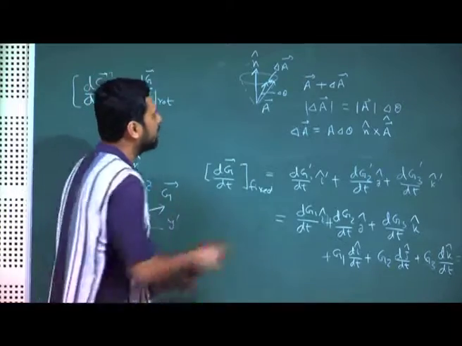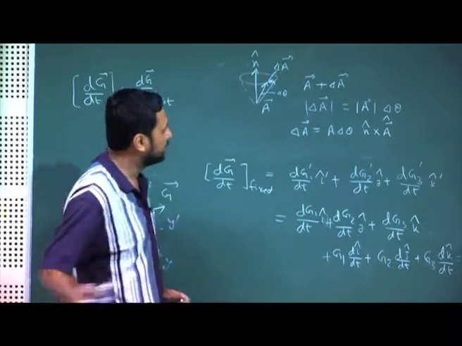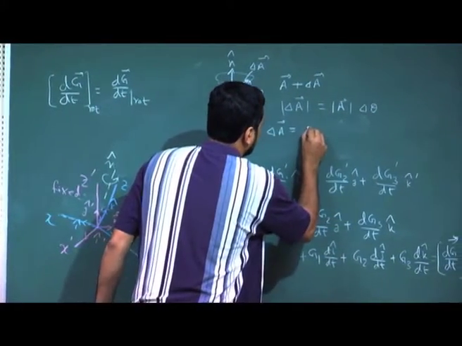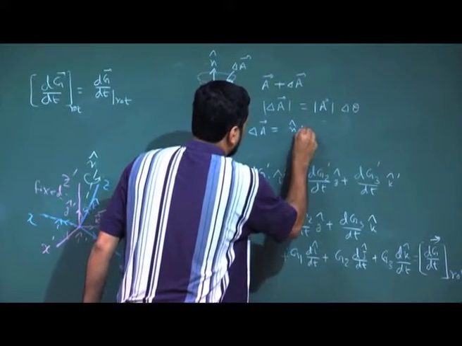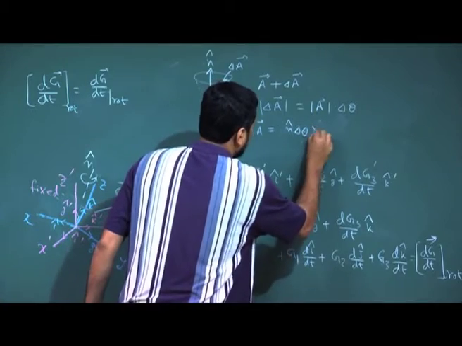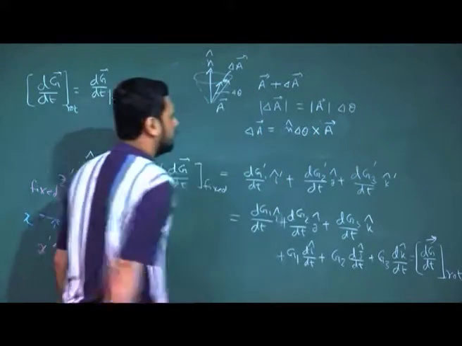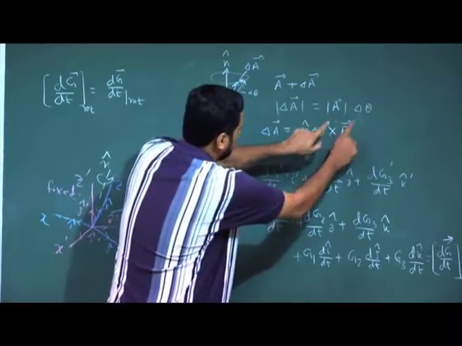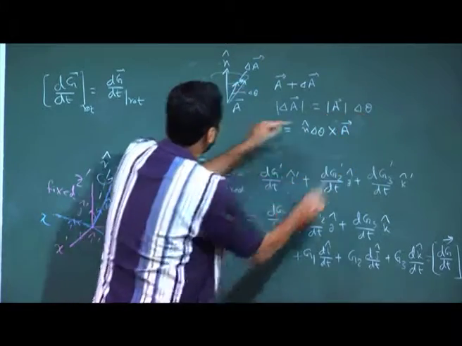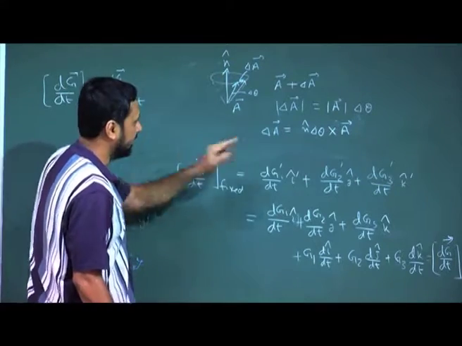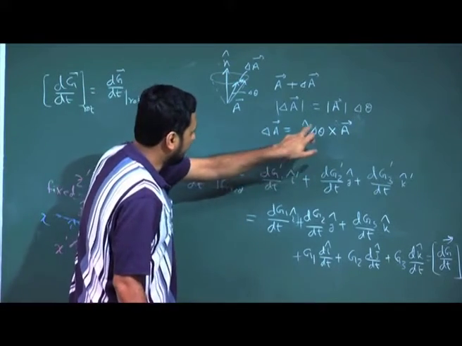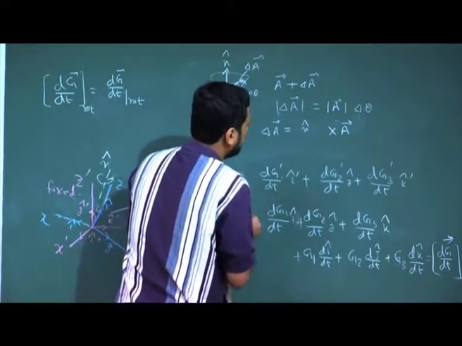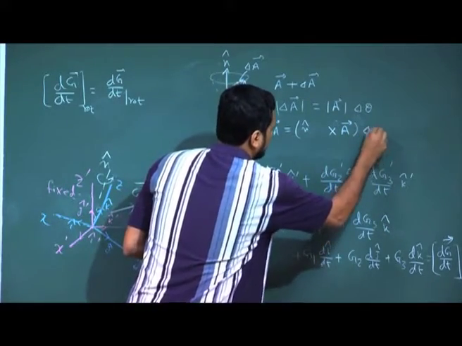Now, A cap being a unit vector along the A direction, we can absorb it and rewrite it as n cap delta theta cross A. So, the magnitude of delta A is A times delta theta and the direction is perpendicular to both n and A. So, we can write delta A vector is equal to n cap cross A times delta theta.